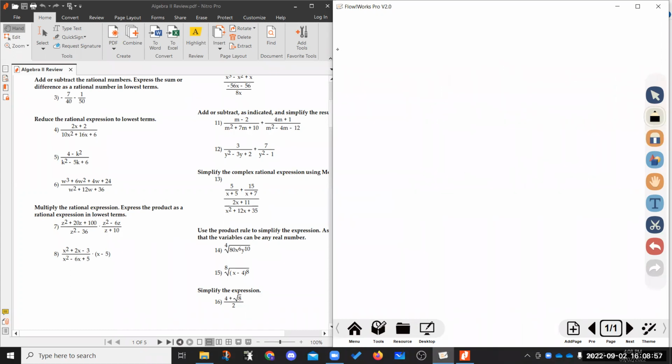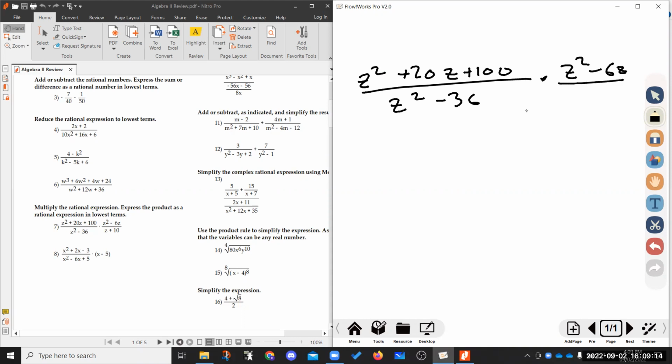Number 7, we have z squared plus 20z plus 100 over z squared minus 36 times z squared minus 6z over z plus 10. I didn't make mention of this before, but I put lines through my z's because my 2's and my z's look so similar.